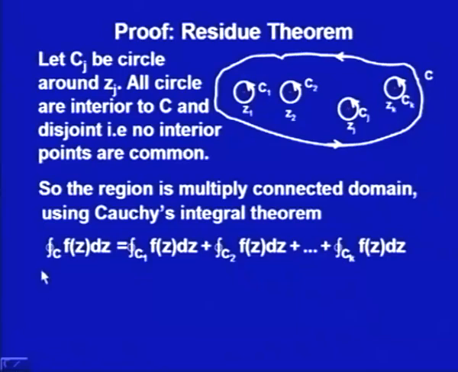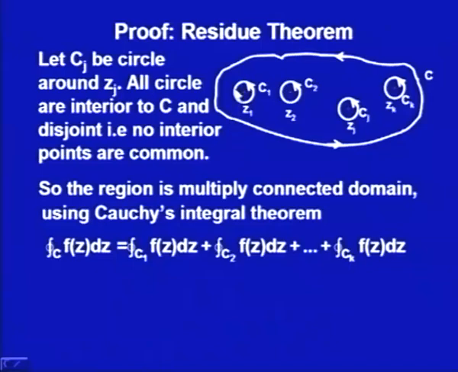That is, the integral of f(z) along the contour C is the same as the integral of f(z) along the contour C1 plus the integral of f(z) along the contour C2 and so on, plus the integral of f(z) along the contour Ck.